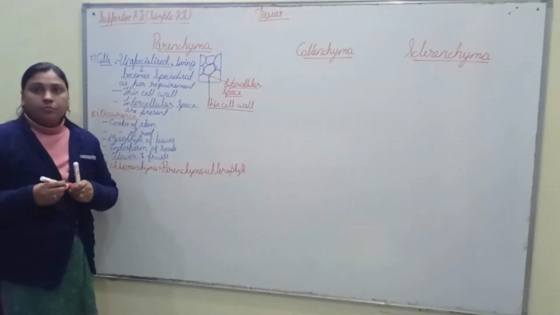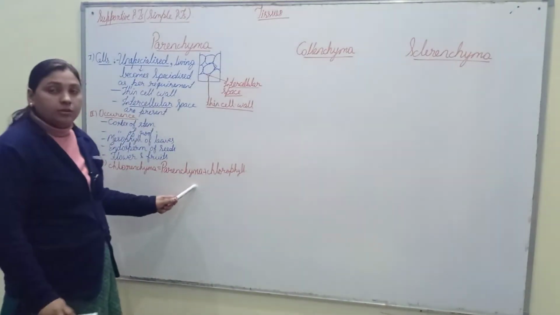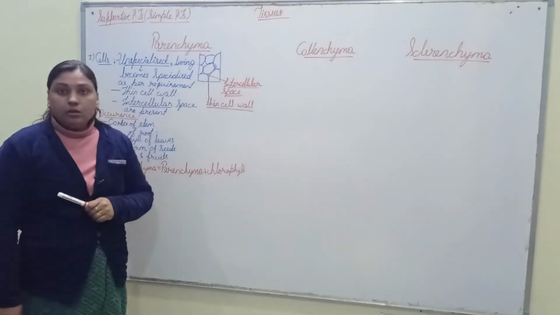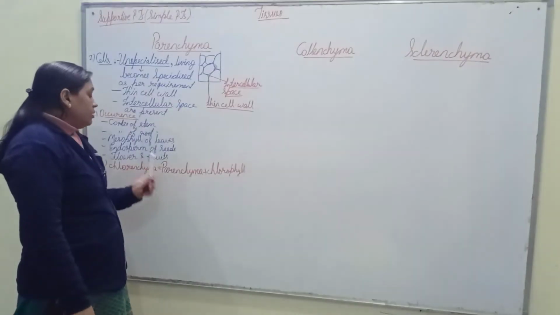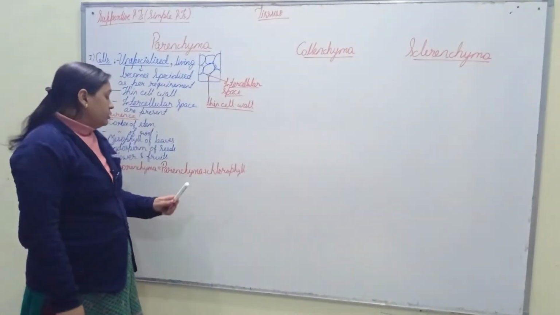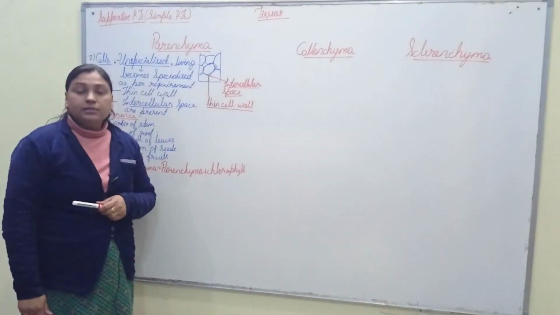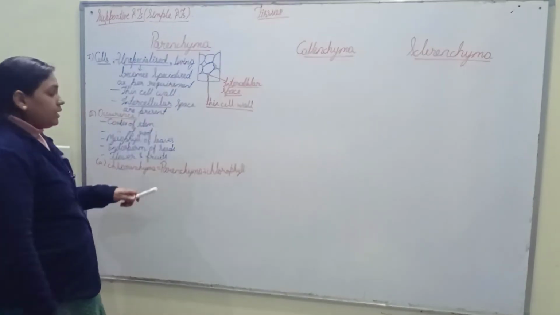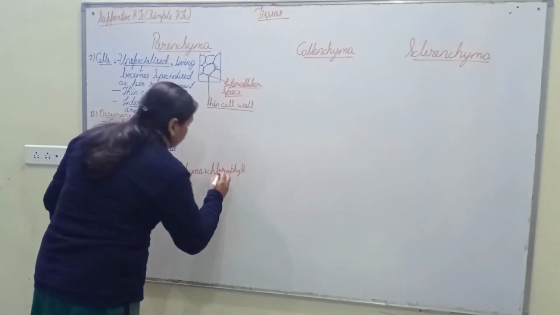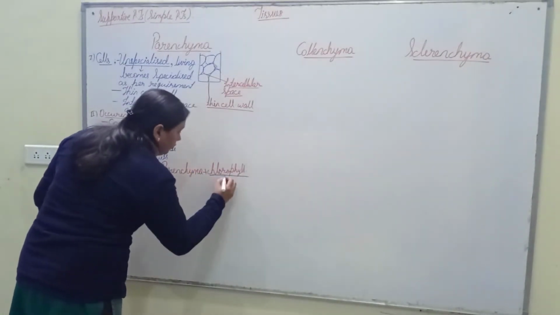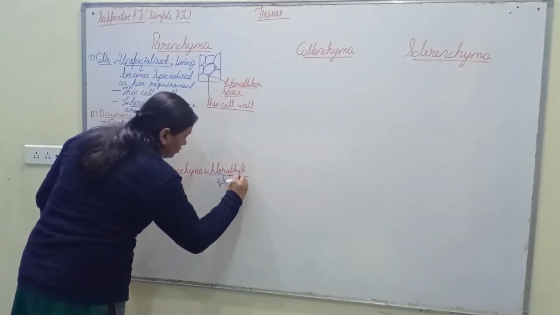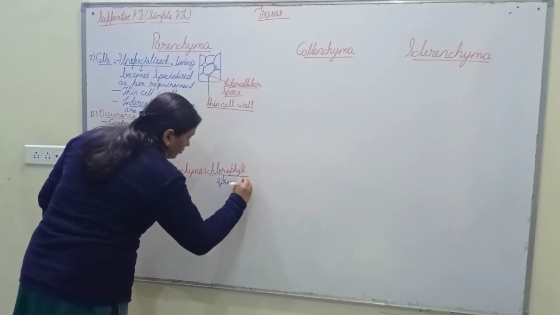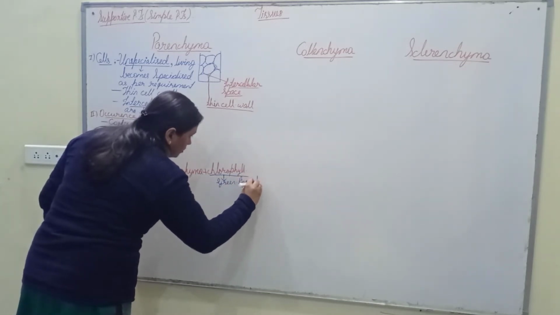If chlorophyll is present in between these parenchymatous cells, it is called chlorenchyma. We know that chlorophyll is the green pigment, and this is responsible for the process of photosynthesis.